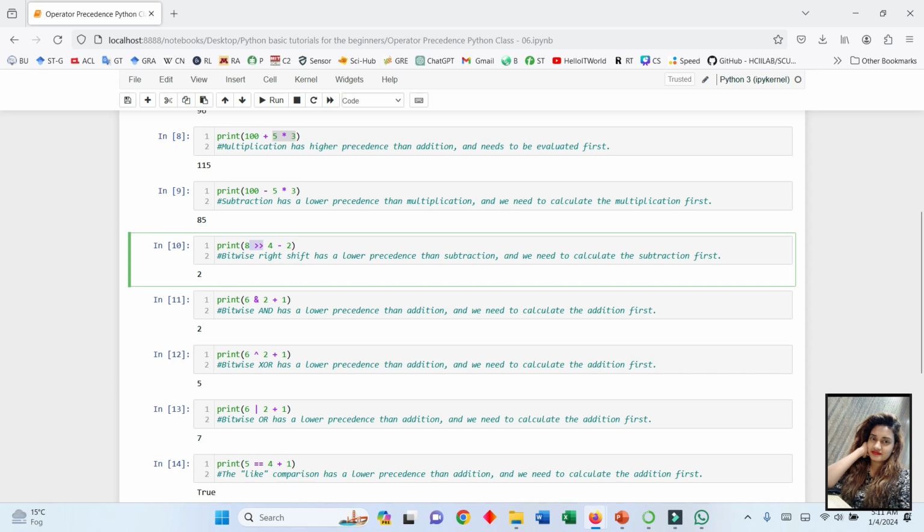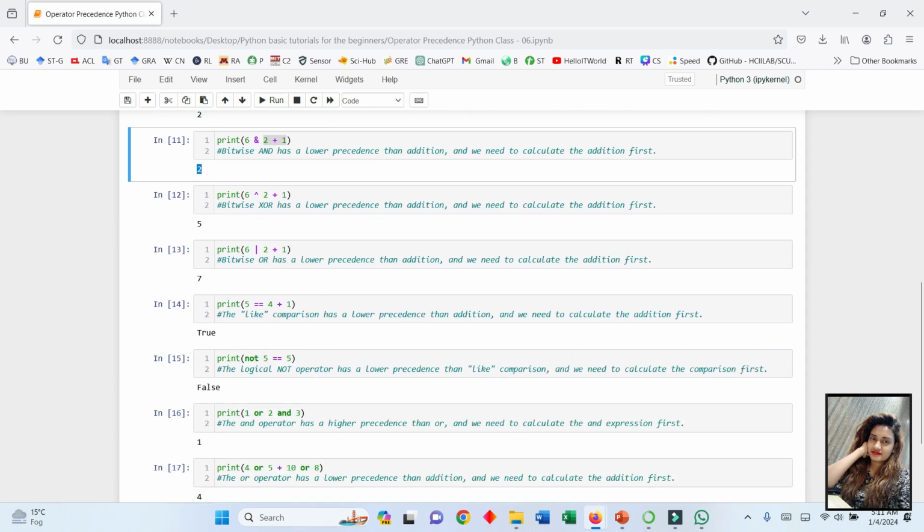Bitwise AND also has a lower precedence than the addition. So first of all we add these things, then the AND result will appear here. Then bitwise XOR operations also have a lower precedence than the addition.